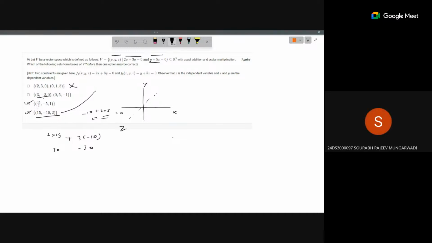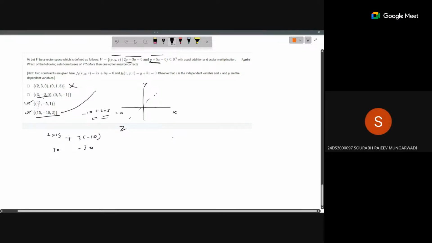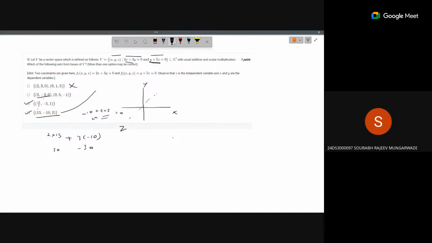So these points are not lying in that plane, which is spanned by these two lines.